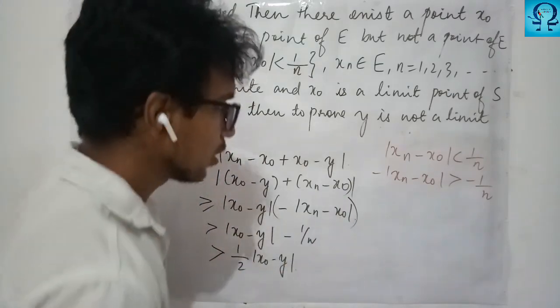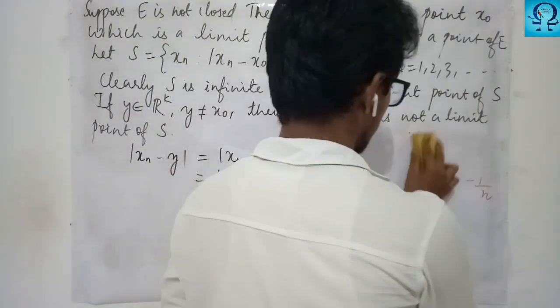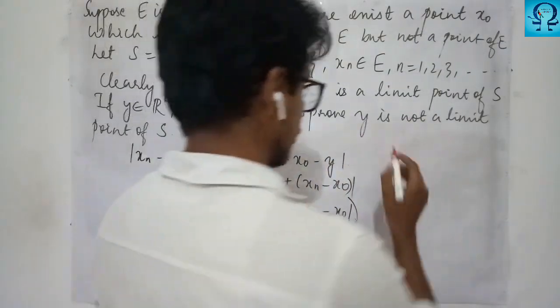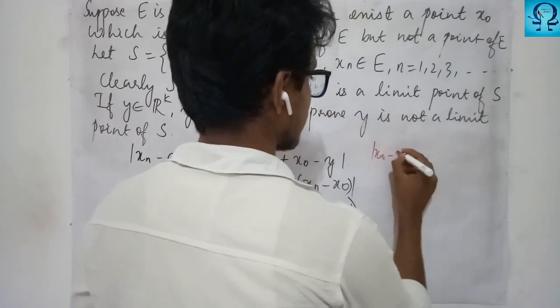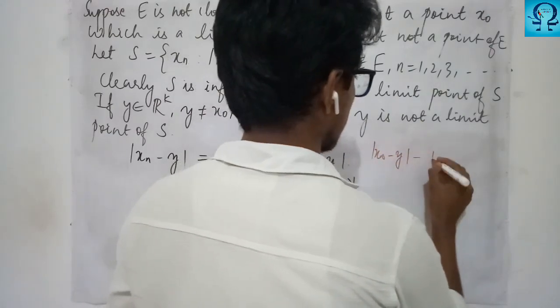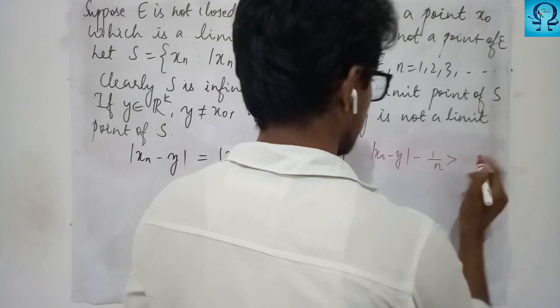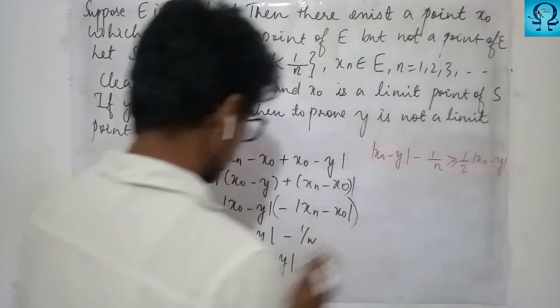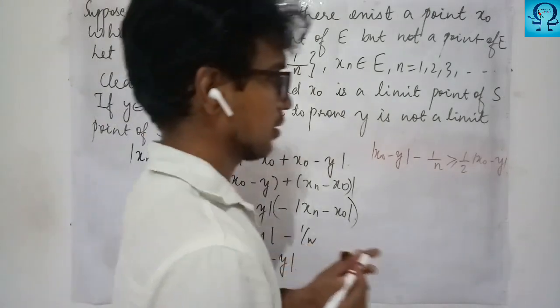Now you will have to think for a moment. Here actually what we are doing is that absolute of x naught minus y minus 1 upon n is bigger than half times absolute of x naught minus y. Maybe bigger than or equal to, that doesn't matter, right?